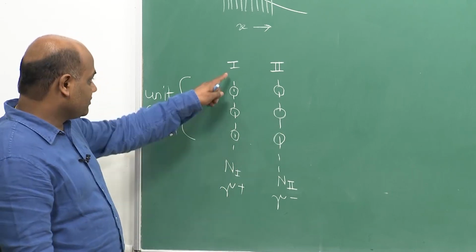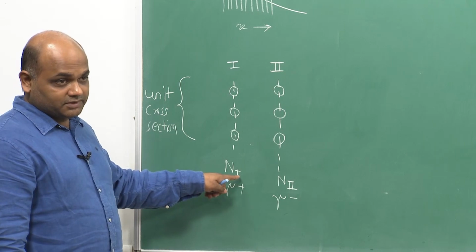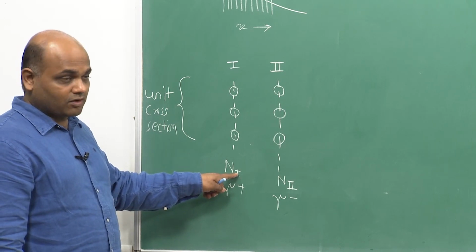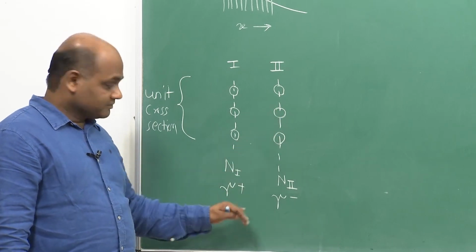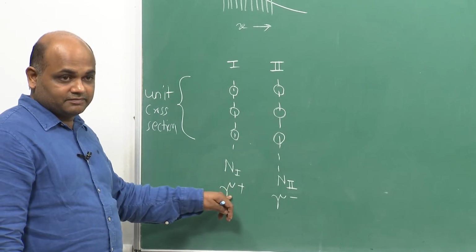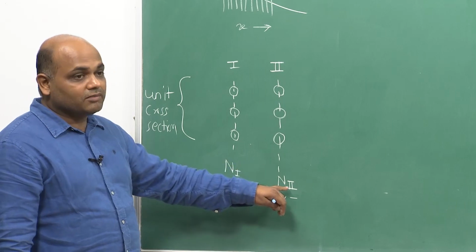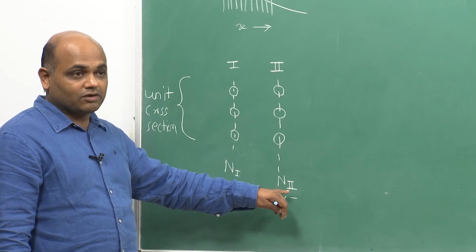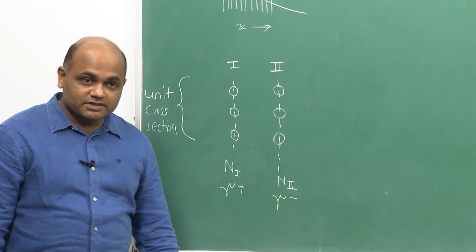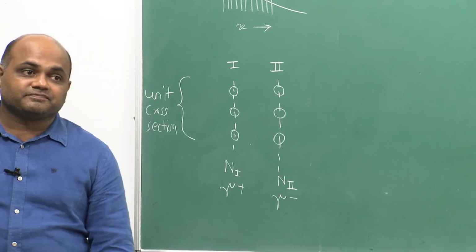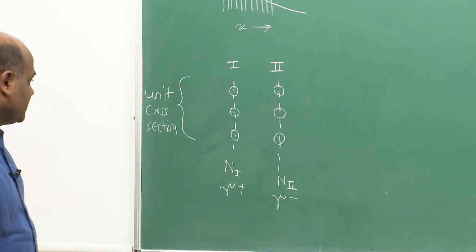the number of times an atom from plane 1 can jump into plane 2 per unit time. So, if there are n1 number of atoms, the total number of jumps that can occur from plane 1 to plane 2 are n1 times gamma plus. Similarly, the total number of jumps that can occur from plane 2 to plane 1 per unit time are n2 times gamma minus. Okay.